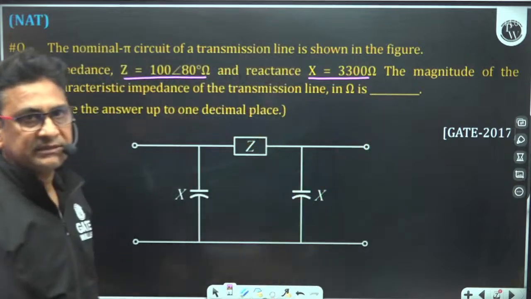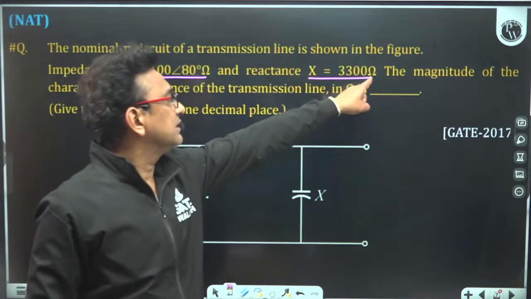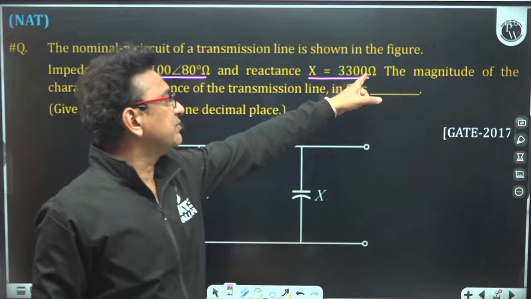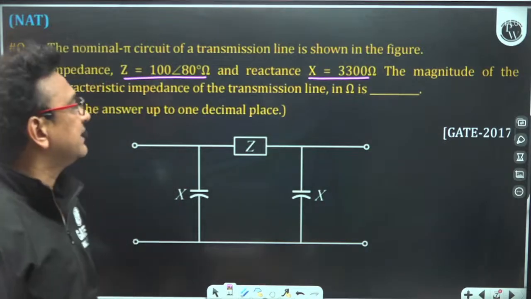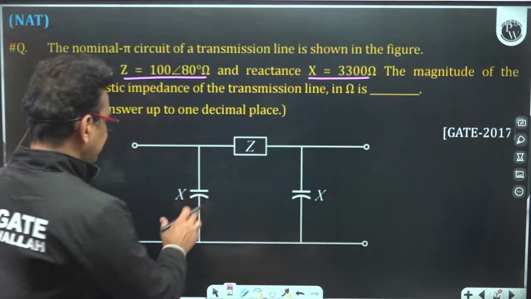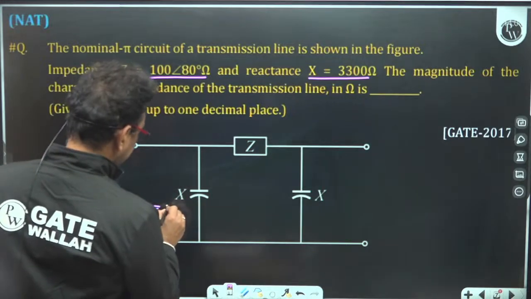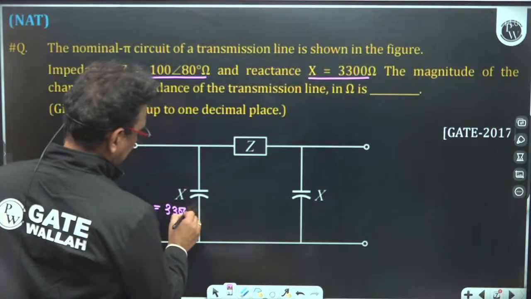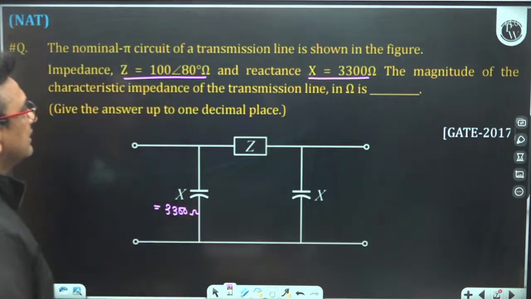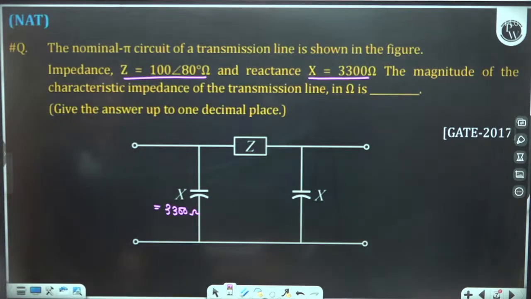It's not admittance, because the unit of admittance is mho, but its unit is ohm. So it is a reactance. That means its value is 3300 ohm. Now the magnitude of characteristic impedance of the transmission line in ohm will be.